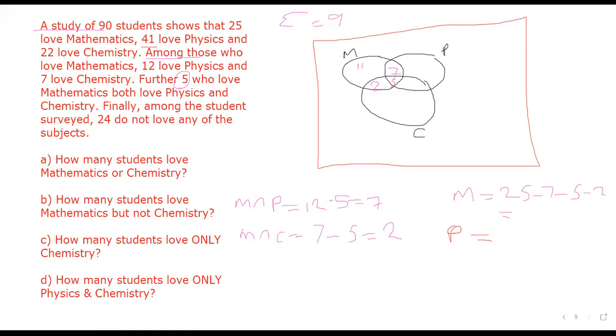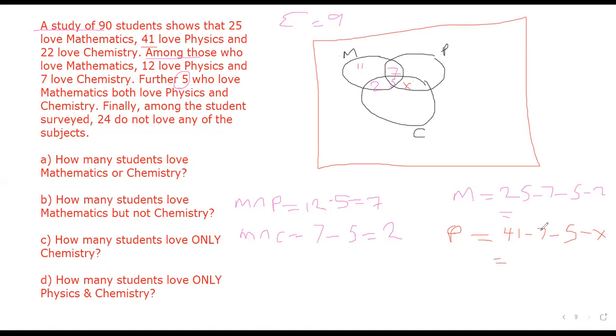So physics will be 41 minus 5 minus 6, minus x, minus 2. If we don't know x yet, it stays as minus x.